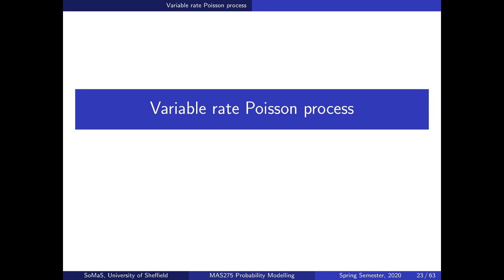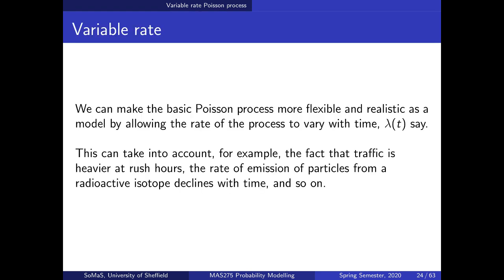Now we're gonna jump ahead and actually generalize a Poisson process with the notion of a variable rate. So we can basically make this Poisson process more flexible and give it more, let's say, modeling power by allowing the rate to vary. So before we had lambda. Lambda was the mean amount of occurrences happening per unit of time. And now we're going to change it to lambda of t. So what's the point?